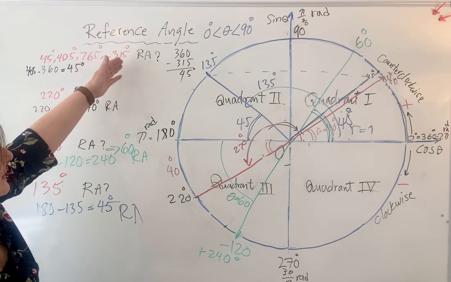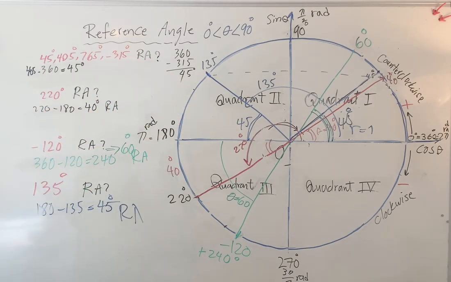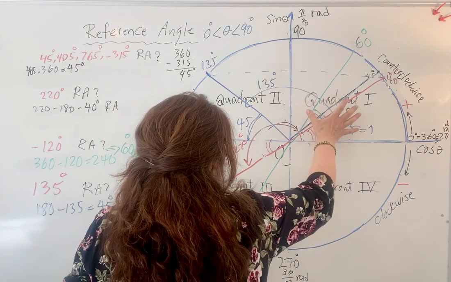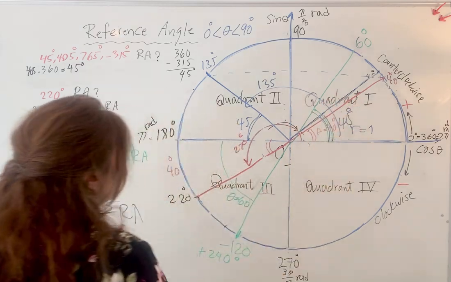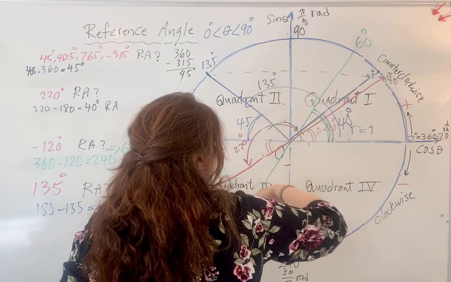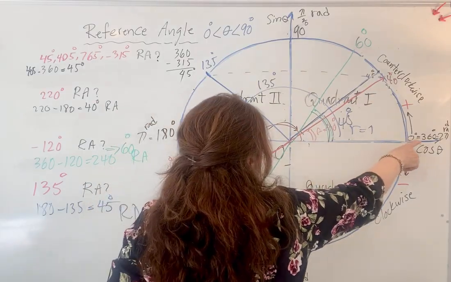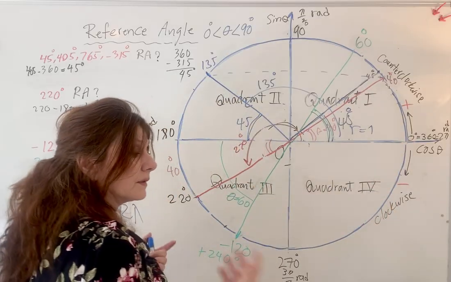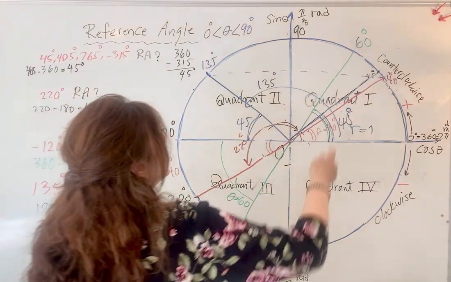So the reference angle is something between 0 and 90 degrees in quadrant 1. And for any angle you have, in the positive way, if it's a big one, if it's more than 360, you can subtract 360 or a multiple of 360 and find it.